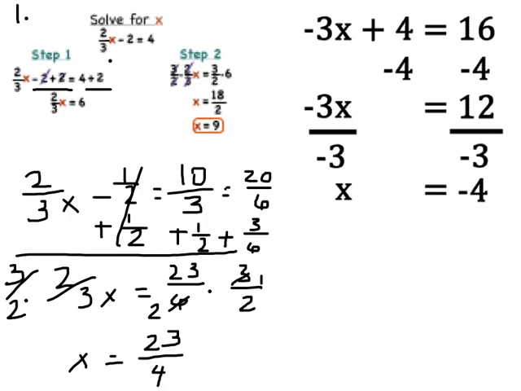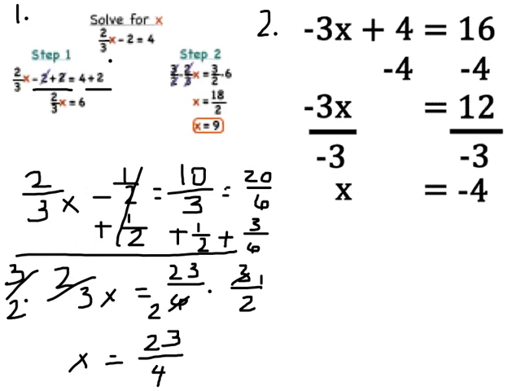Alright, here in example number 2, you've got negative 3x plus 4 equals 16. Well, the first thing you're going to have to do is get rid of this 4. I always say try to get rid of whatever's closest to the equal sign first. It really doesn't matter which you do first, but usually it works out easier if you do it that way.